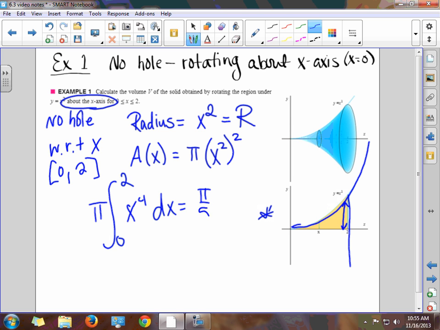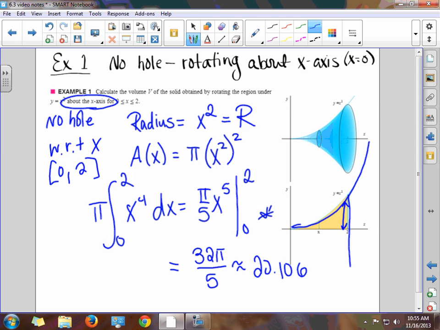I know you guys like to use Math 9, but I'm just going to do most of these by hand today. So it'll be pi over 5, x to the fifth, which will give me the exact value of 32 pi over 5, or if you approximated it, approximately 20.106.